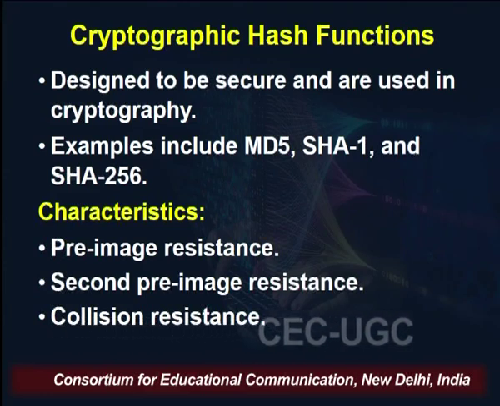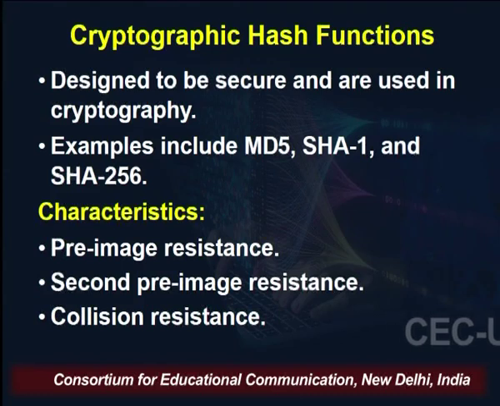Examples under this category are SHA-1, SHA-256 and MD5. All these are designed to be very secure, and they are mostly used in cryptographic applications like blockchain. Blockchain also uses SHA-256 and so on.